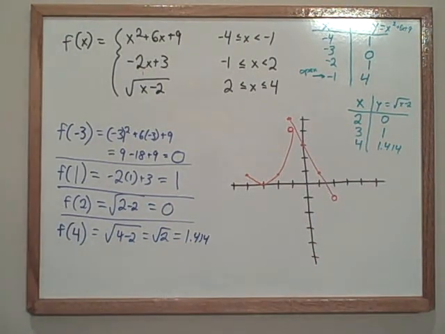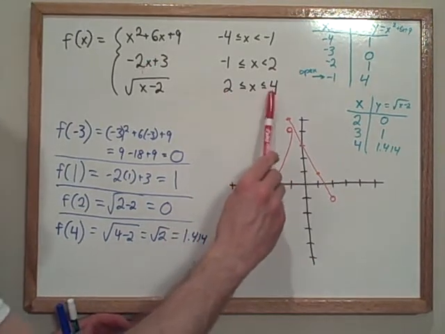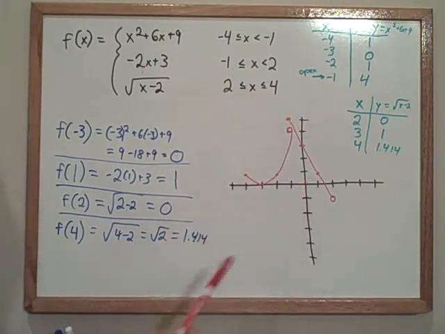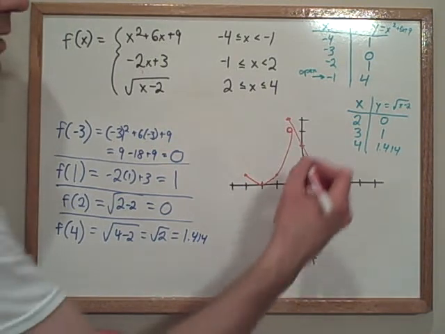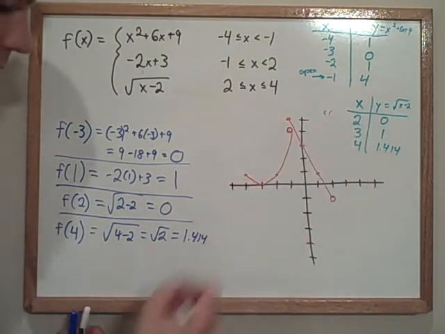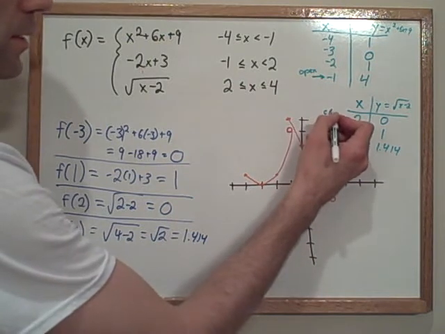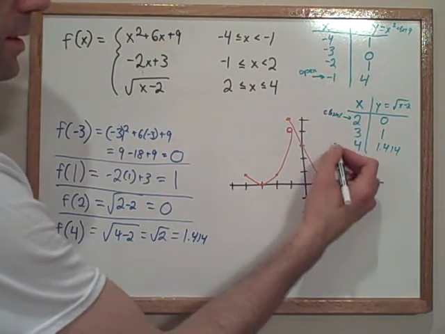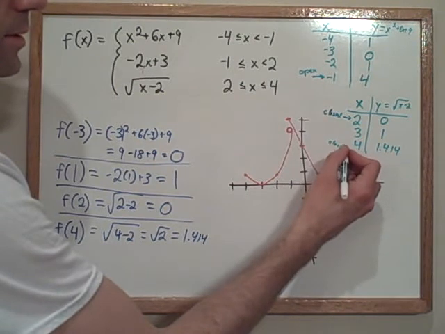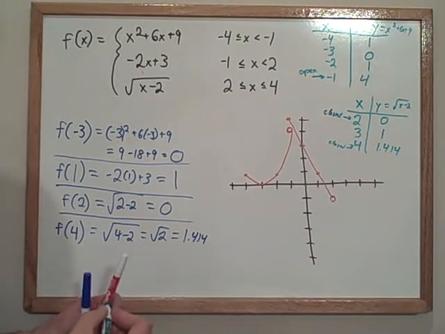We'll plot them in red. All of these points, these endpoints, and of course everything in the middle is closed. So this is closed. Oops, wrong color. This is closed. And this is closed. All right.